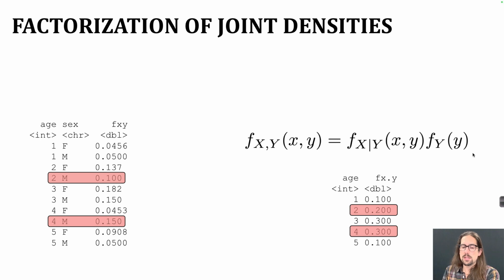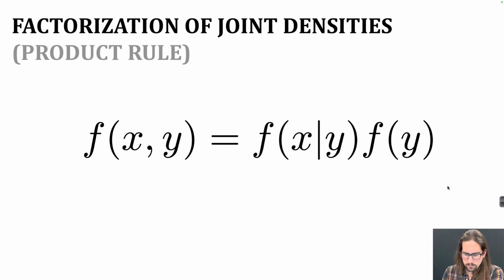So another way to see this is, if I want to know the joint density, and I have the tables for the conditional and the marginal, I can get the value in the joint density table by just multiplying together certain values in the conditional and in the marginal density tables.